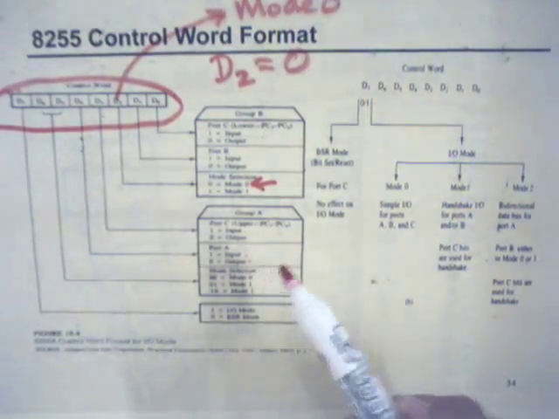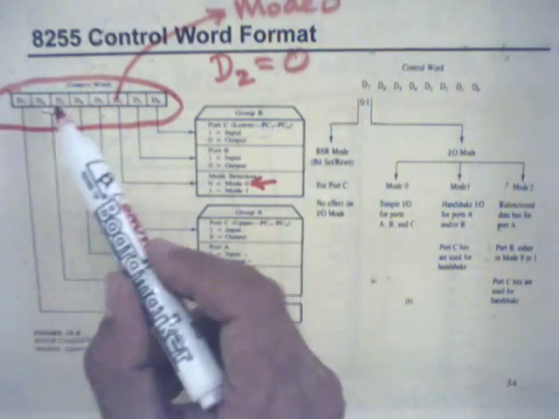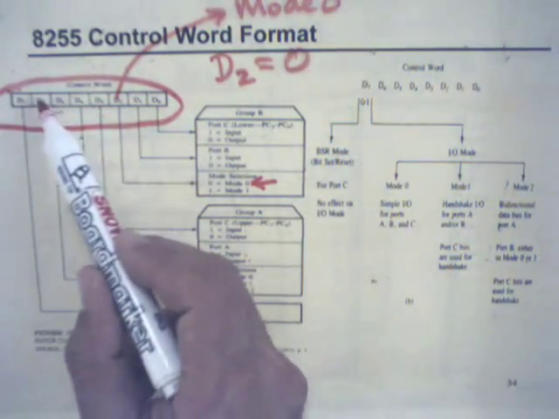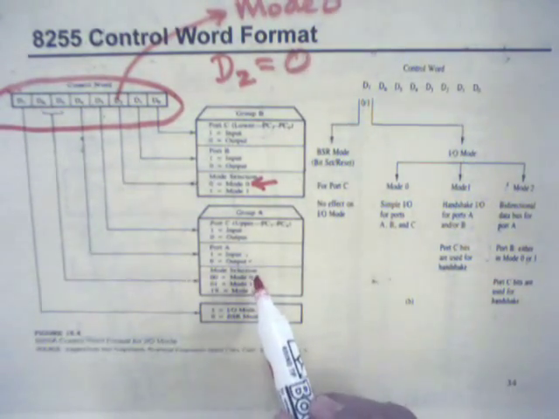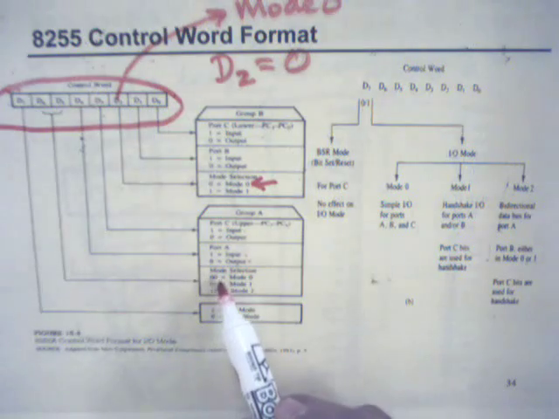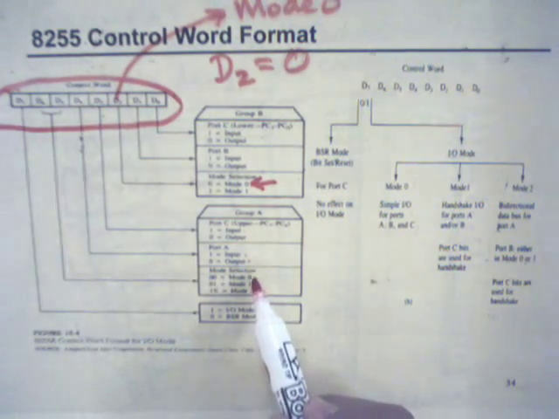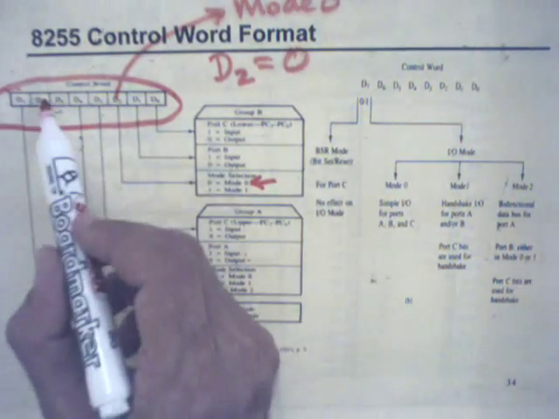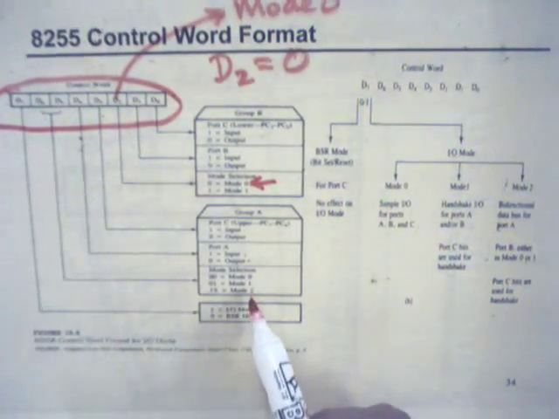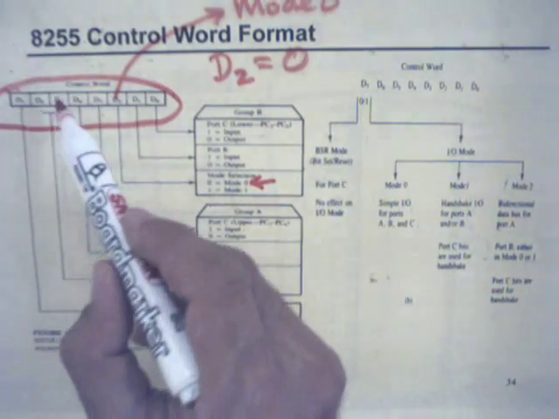D5 and D6 bits, which are the second and third most significant bits together, select again modes: 0 0 goes for mode 0, 0 1 for mode 1, and when the D6 bit is 1, regardless of the value at D5, selects mode 2.